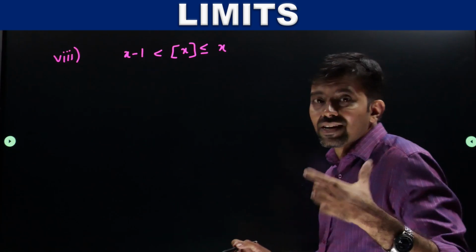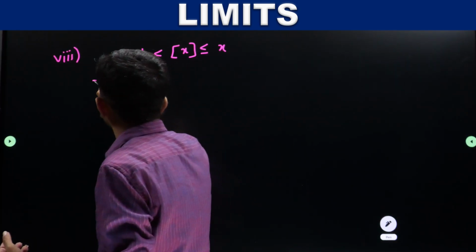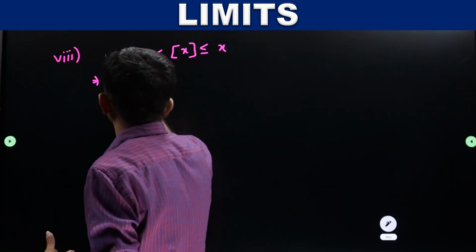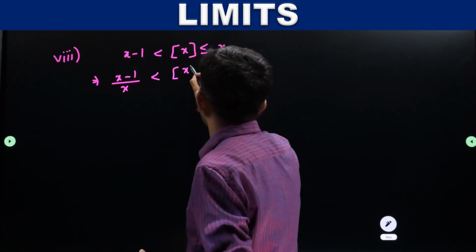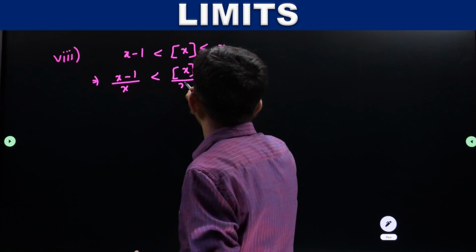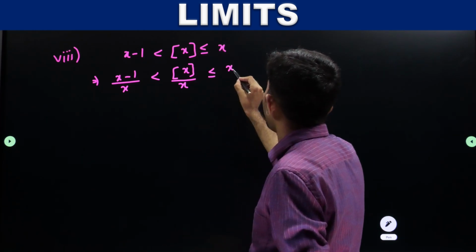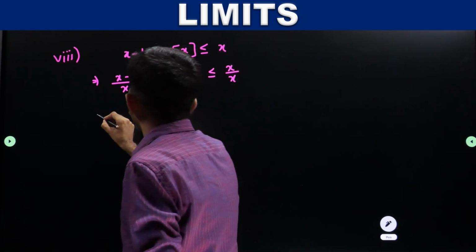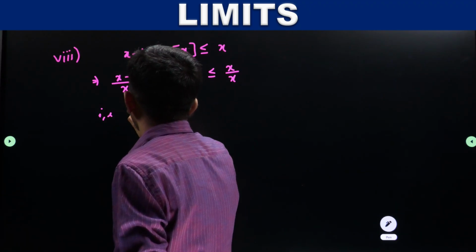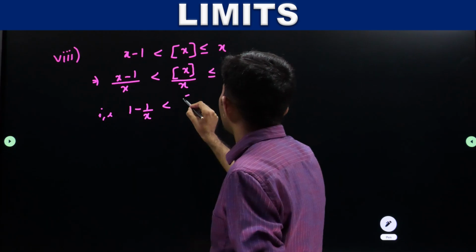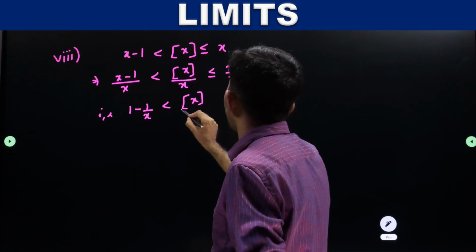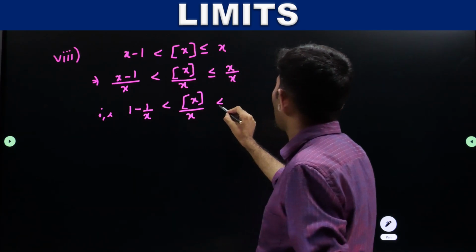So we can divide the entire inequation by x. If you divide by x, x minus 1 divided by x is less than greatest integer value of x divided by x, which is less than or equal to x by x, correct? That is, we can write this as 1 minus 1 by x less than greatest integer value of x by x less than or equal to 1.